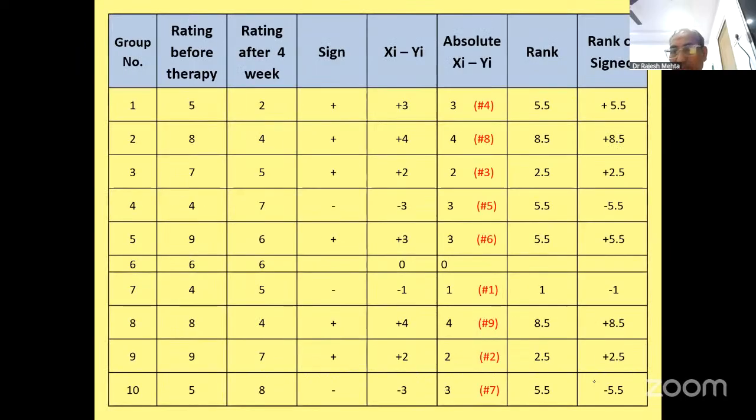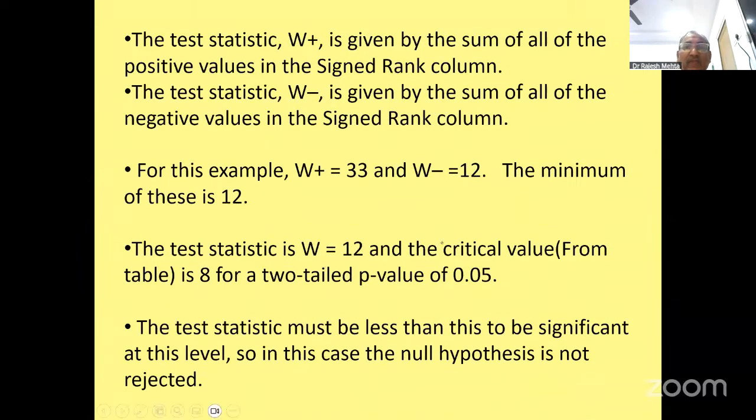If you take only the plus signs, then it's 33. If you take only the minus signs, then it's 12. So W plus and W minus. In this case, we are going to take the minimum, so we are going to take 12. W is equal to 12.